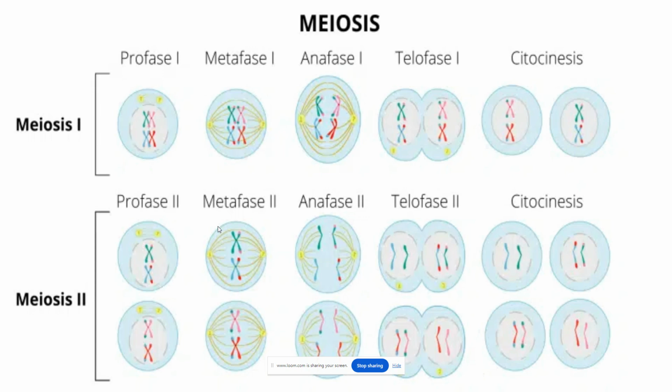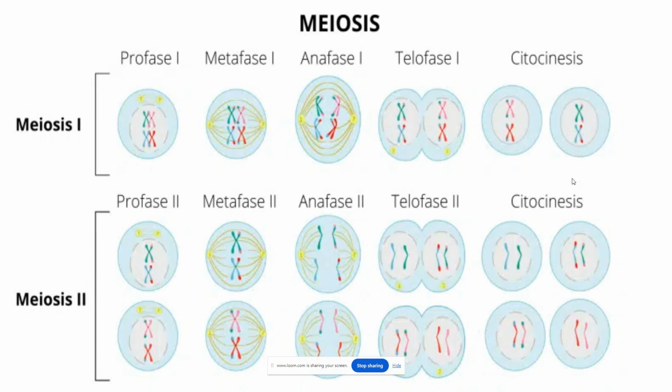Chromosomes are aligned in the metaphase, and then the chromatids in anaphase are attracted to the opposing poles as in anaphase 1. In telophase, we once again will have two haploid cells divided into four haploid gametes. And then we have this final stage here.